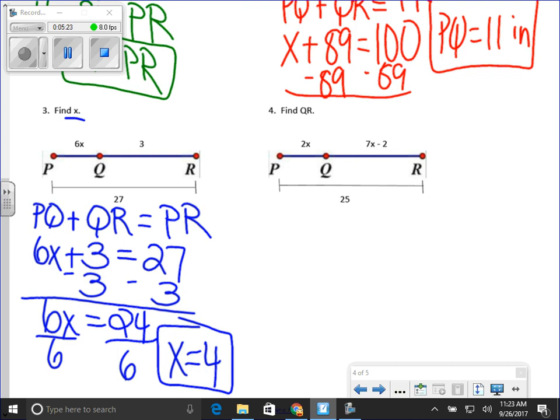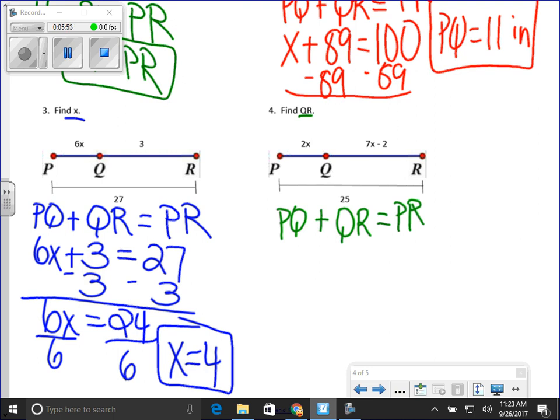Okay. And last one, number 4. We're trying to find QR. Still segment addition postulate. So I'm like, all right, let's set it up. PQ plus QR equals PR. Because I just took the piece plus the other piece equals the whole thing.